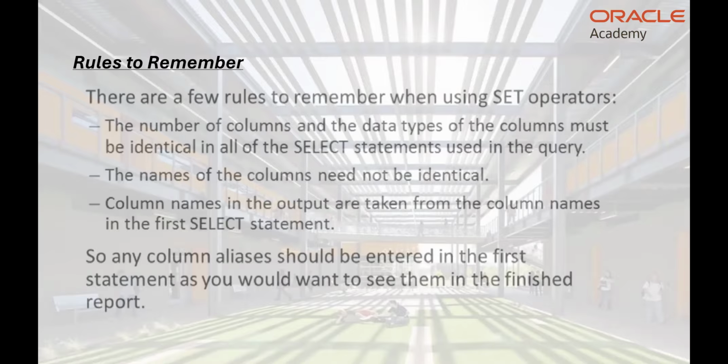The names of the columns don't have to be identical, just the number and the data type. Column names in the output are taken from the column names of the first select statement. So any column aliases should be entered in the first statement as you would want to see them in the finished report.